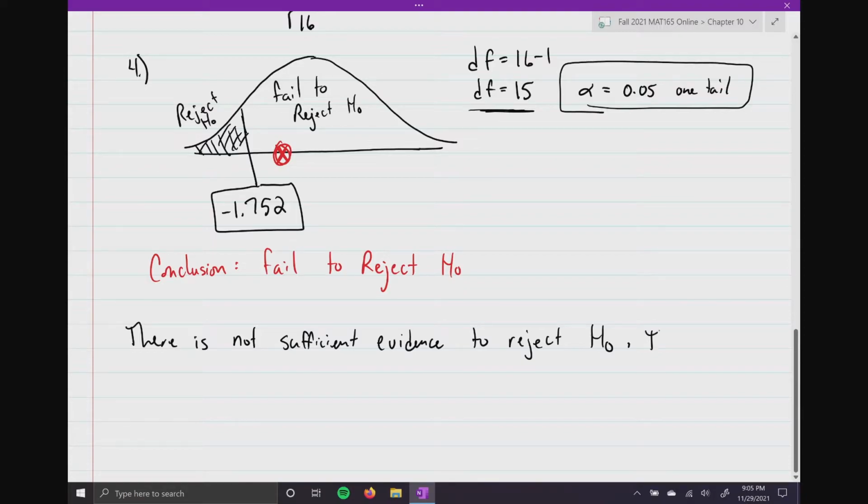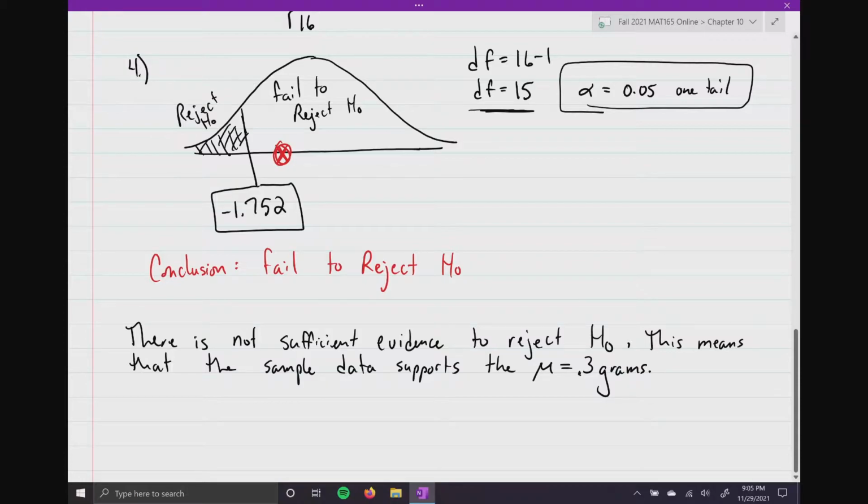This means that the sample data supports the population mean for sugar in cereal is approximately 0.3 grams. So in other words, this lobbyist that's saying, whoa, our cereal's less than 0.3, it's going to be better, we can't reject the null. So the evidence that we collected does not support what he's saying.